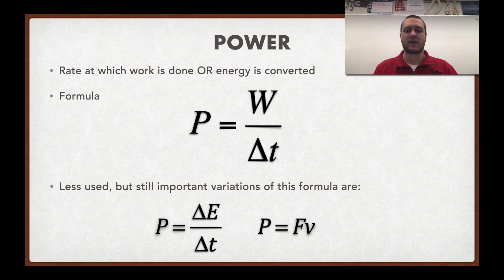Now, where that comes from: if you break down work, it is Ft cosine theta, or just Ft if we want to go in simple terms here. So because we'd be force times the displacement divided by the time, you already know that displacement over time is going to be our velocity. So you're left with force times your velocity.